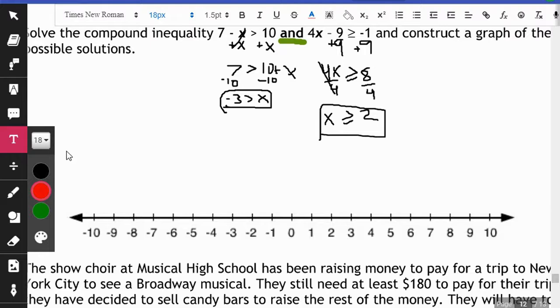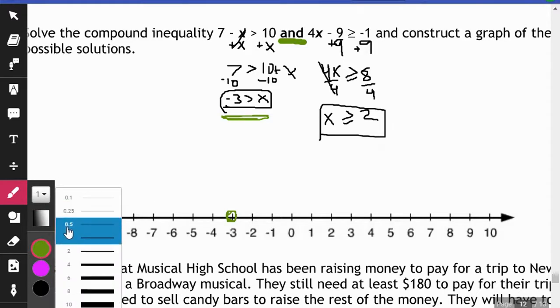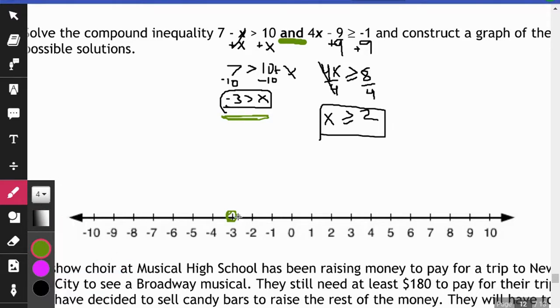Switching this to figure out, we're going to do this one in green. It's going to be -3 is greater than x. So I'm going to find -3 here and fill in the things greater than x, right?